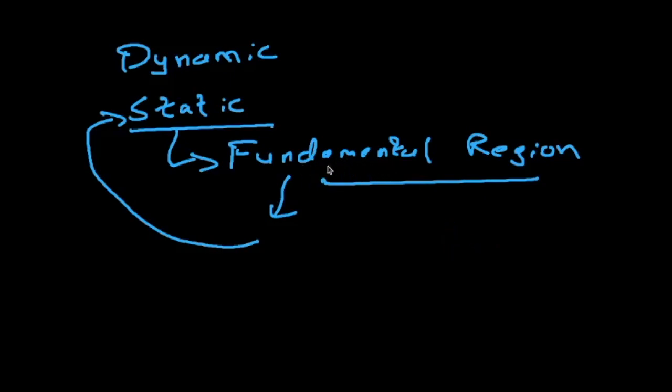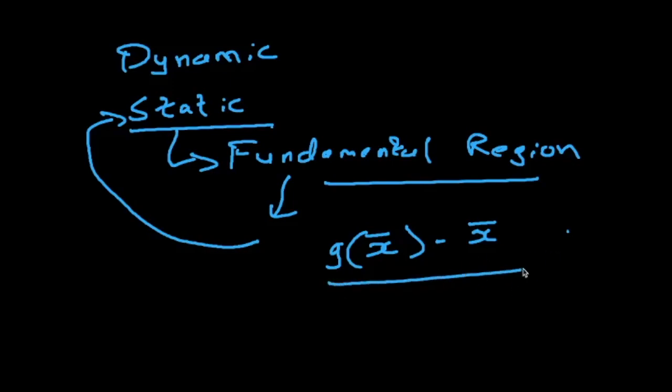The problem with this fundamental region is that sometimes we have to find a point x bar which is kind of weird, and if we are in a large space, then the coefficients that we obtain by this kind of operation, g of x bar minus x bar, can vary in magnitude. Some coefficients might be too large, some might be too small, and that can cause numerical issues when we are solving the integer linear program using simplex methods.